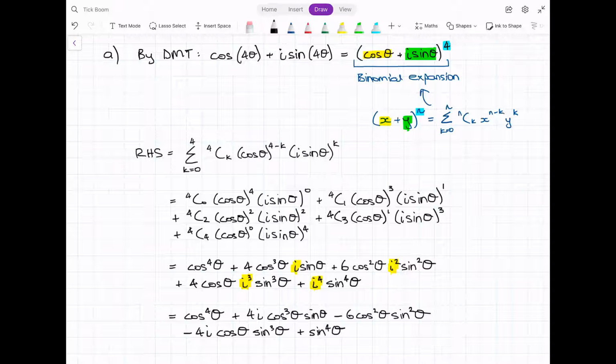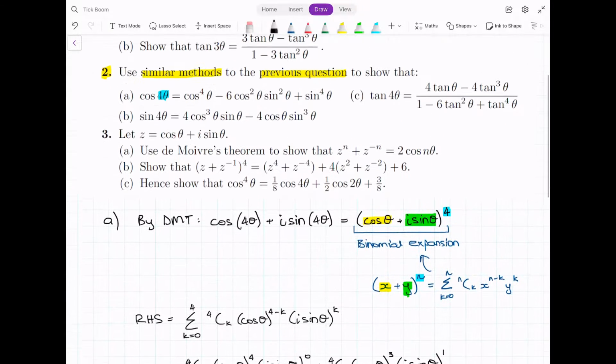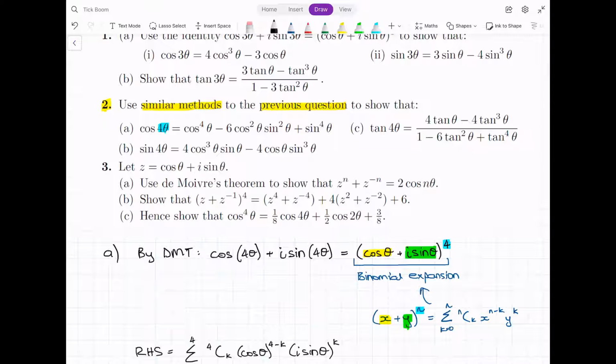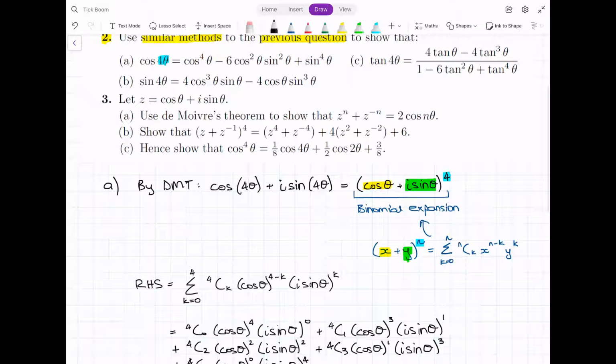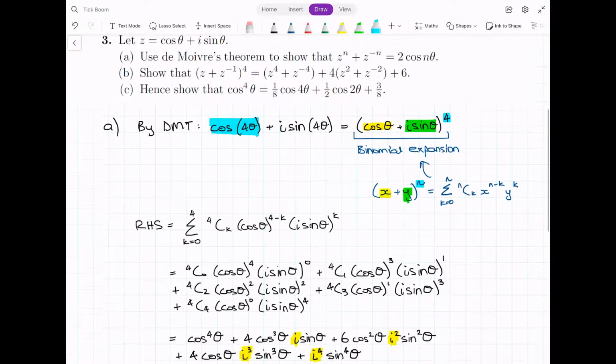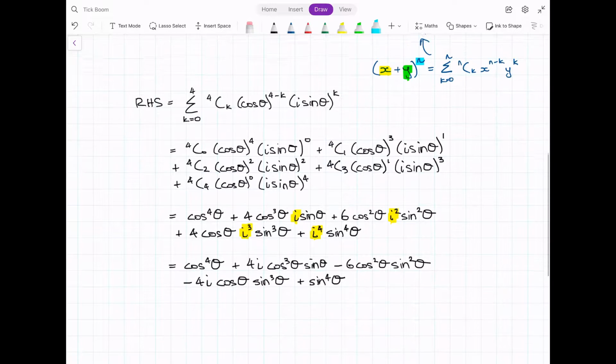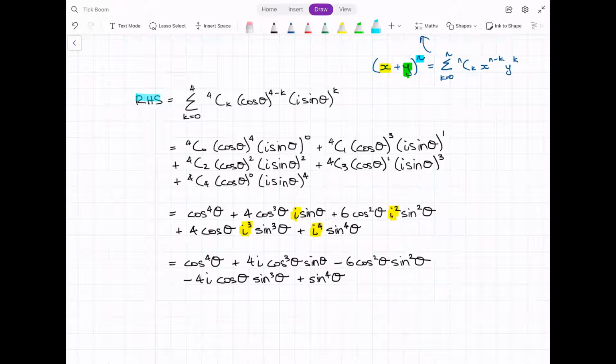Now, for part A specifically, we're looking at the cosine of 4 theta. If we look at de Moivre's theorem, the cosine of 4 theta is the real part of the left-hand side. So the real part of the left-hand side will be equal to the real part of the right-hand side, and we've just expanded the right-hand side here.